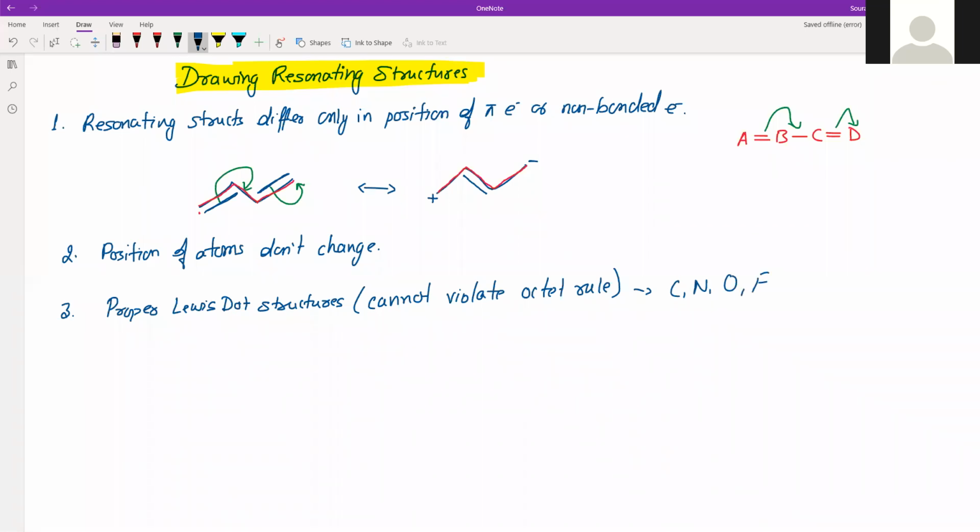As we go down the group, there is no octet rule; there are 18 electrons in the outermost shell and 32 electrons in the next. In our organic chemistry, these are the only things we have to deal with. So we can just write: must not violate the octet rule. All the structures have to follow that.